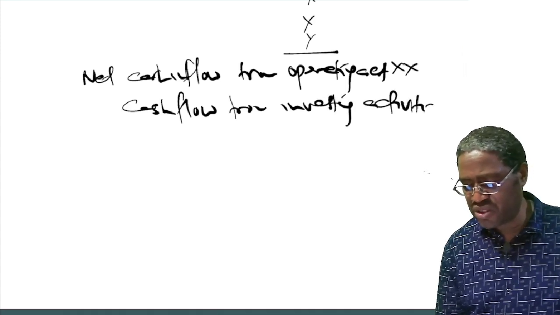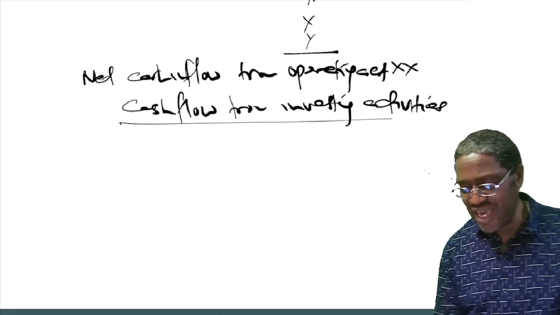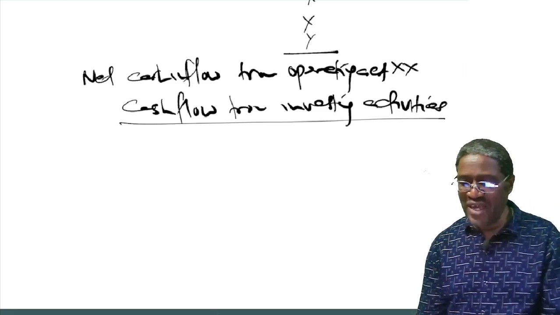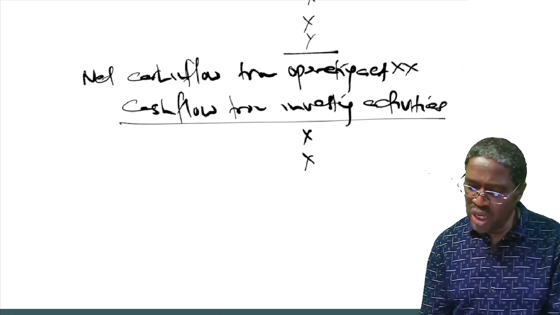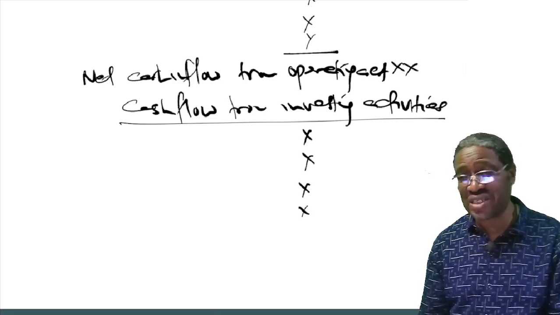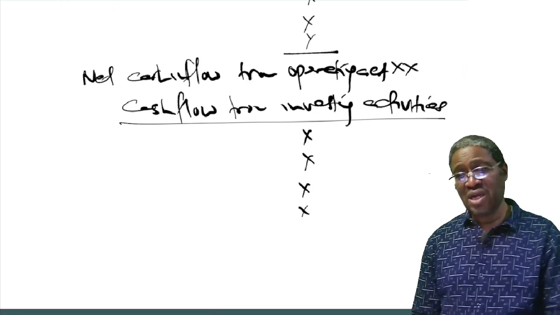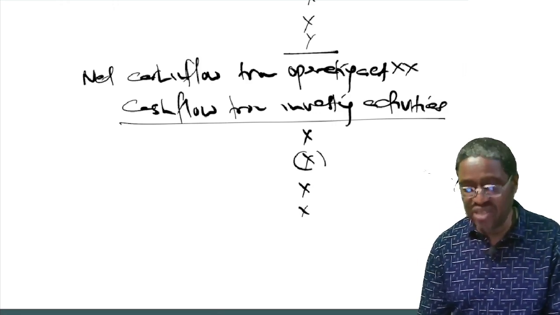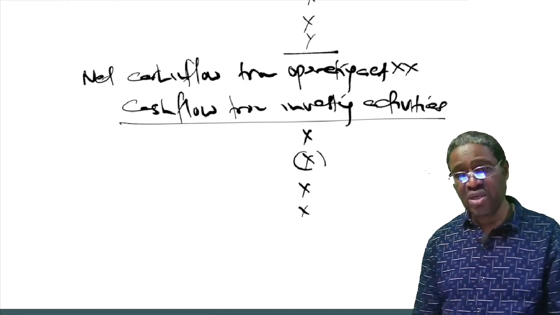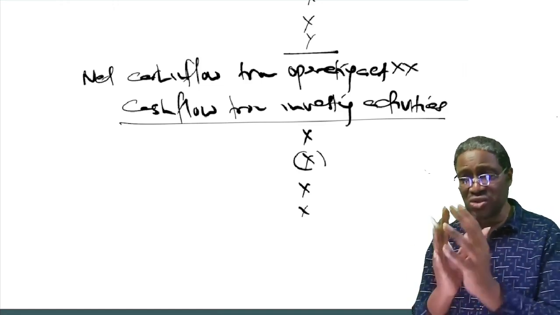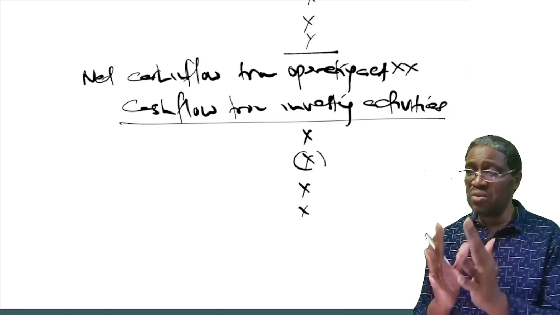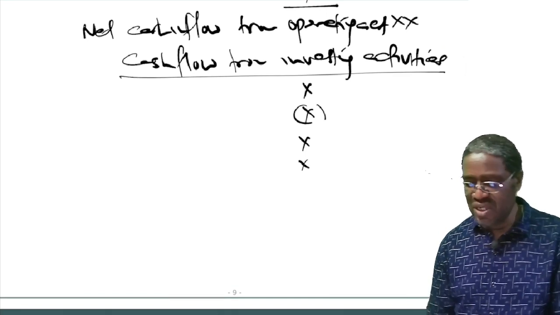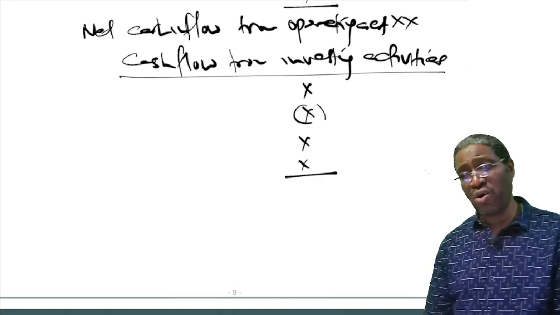Again, as a company, you are required to identify all your cash flows from investing activities. Again, some could be positive, some could be negative, as we shall look at later. But for now, we are just assuming some of them are positive, some of them are negative. Once you identified them, you had to get the net of all of them.